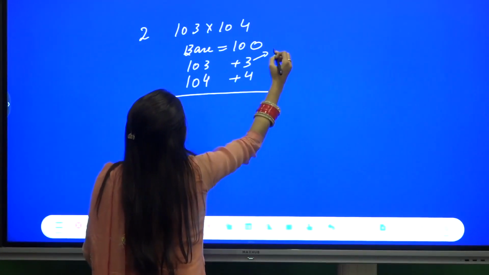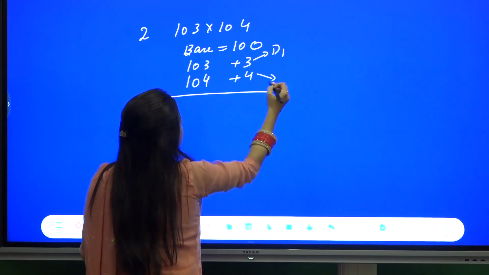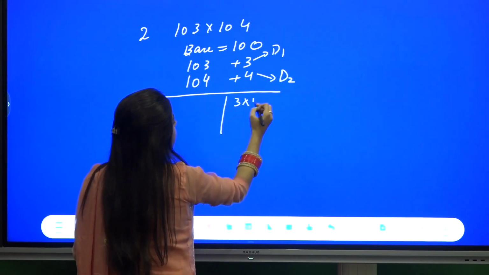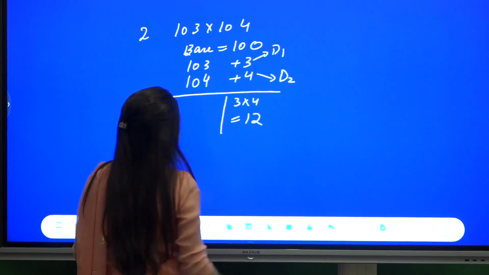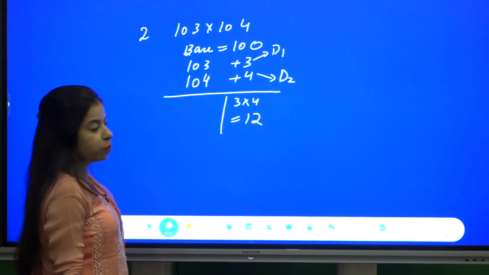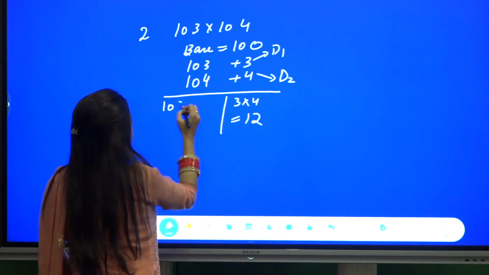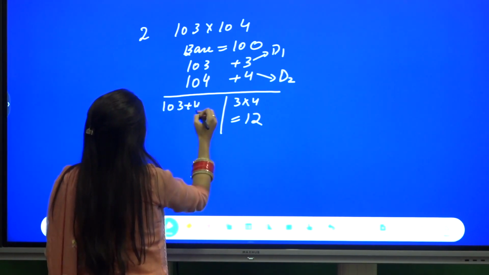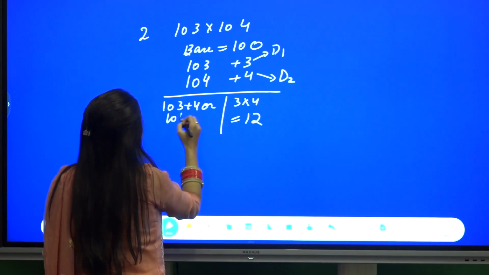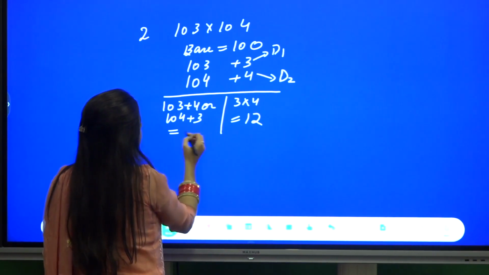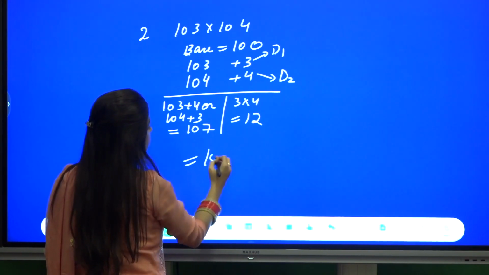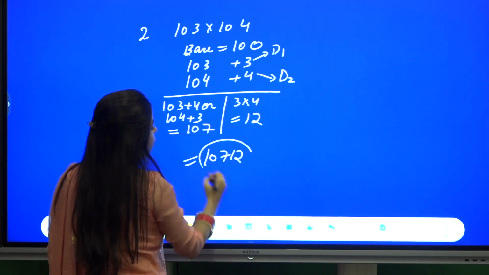Plus 3 is deviation 1 and plus 4 is deviation 2. 3 into 4 is 12. And for the left part, we have to add the numbers crosswise, 103 plus 4 or 104 plus 3, we are getting 107. So the final answer is 10712.